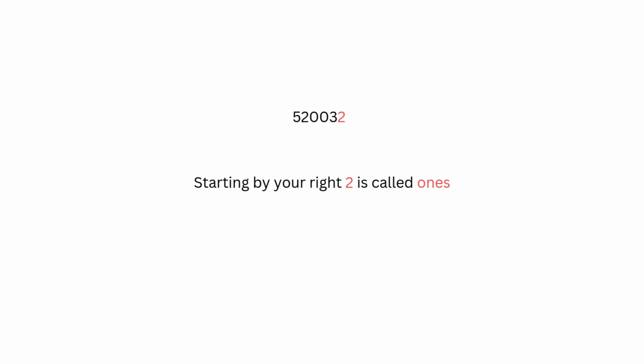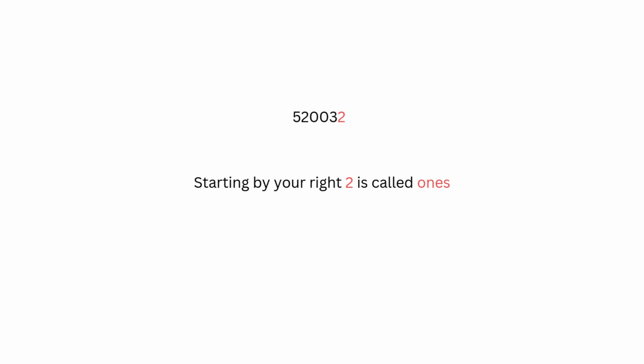Whatever the number might be written there, it is always ones. Even if I put a 9 and it is the first on the right side, it will be called ones. If I put 0 and it is the first on my right side, it is ones. The second number on your right side is called tens.